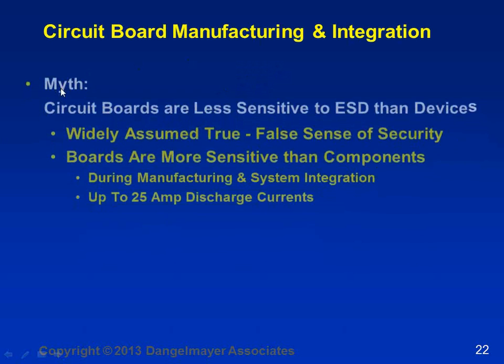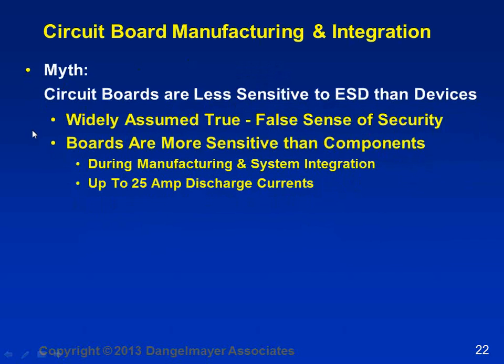So we're going to start by talking briefly about a very widespread myth. It's almost universal or assumed that circuit boards are less vulnerable than devices. And in reality, it's just the opposite.